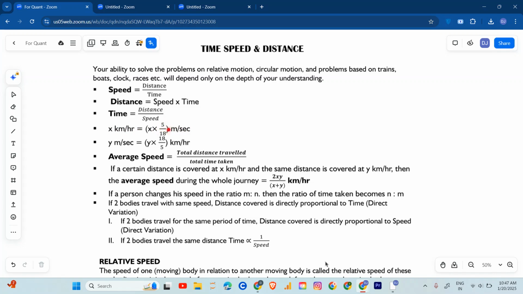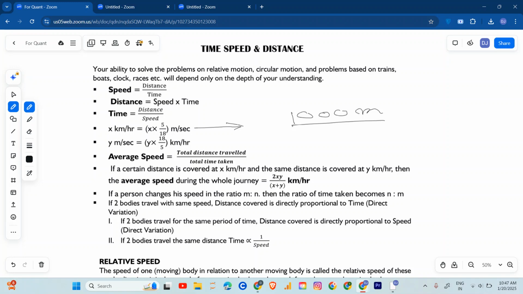So let us understand why we are multiplying by 5 by 18. So here, 1 kilometer is equal to 1,000 meter, divided by hour.